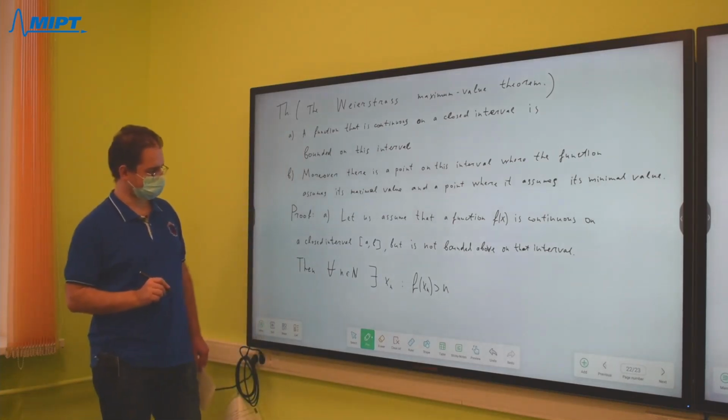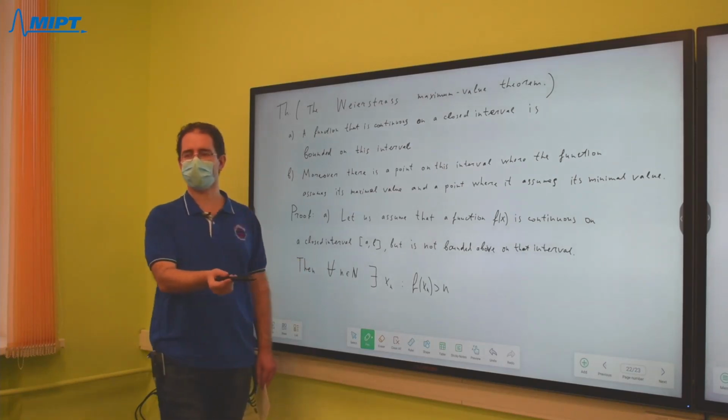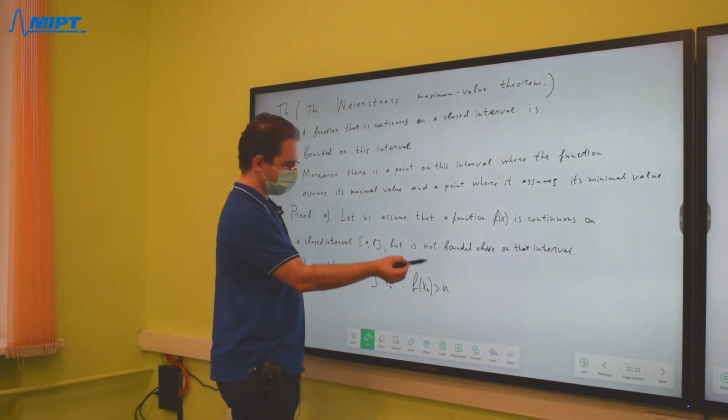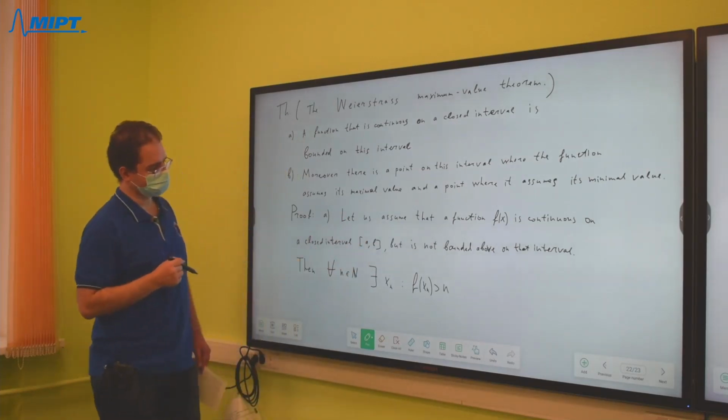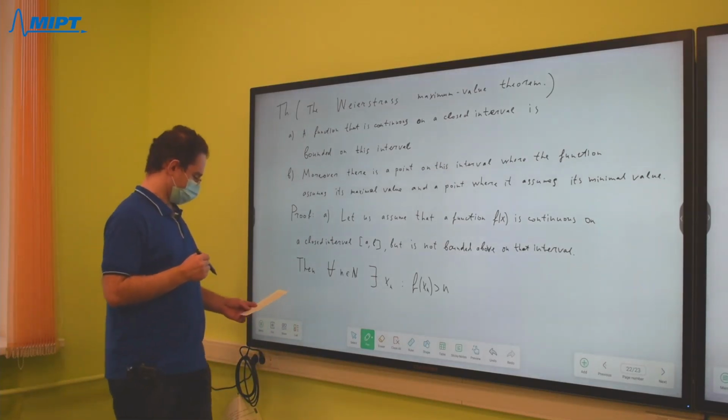Basically, I'm saying here that this number n is not an upper bound for my function. There exists a point where my function assumes a bigger value. Very well.